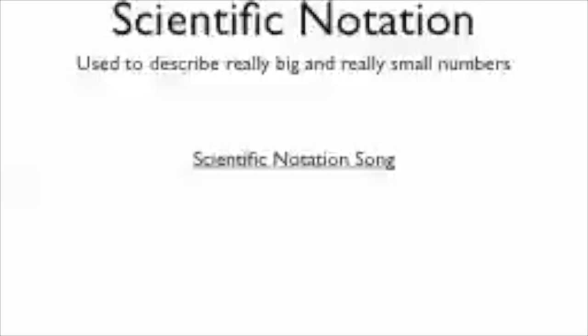And we're going to spend some time in class practicing converting numbers between scientific notation and standard notation. So your next section of this lesson is going to be a little song on scientific notation that will hopefully help you understand how to make that conversion. And again, we only use scientific notation to describe really big and really small numbers.